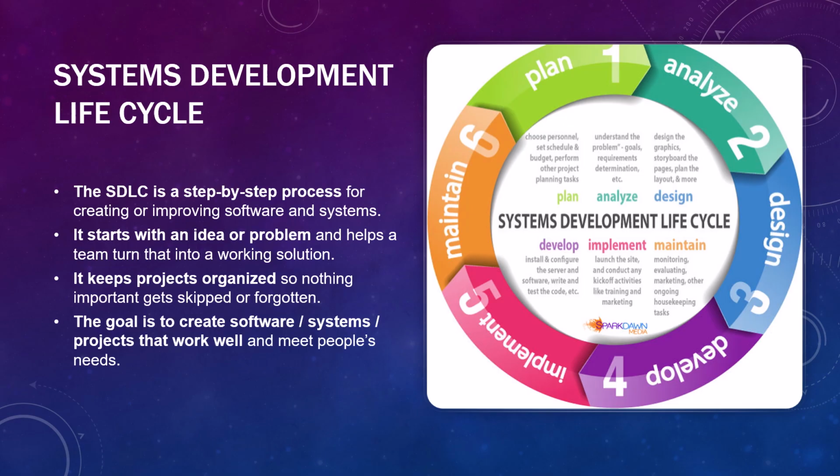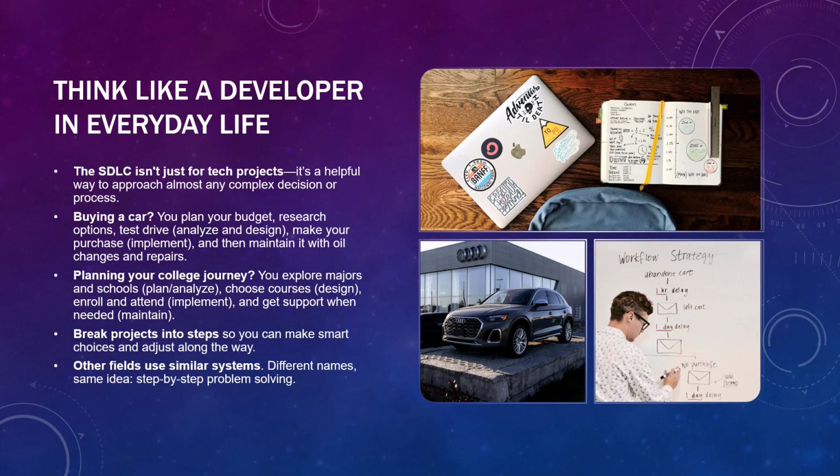So refer to this, add it to your notes, and make sure that you use it as we're continuing to move through the course. So, before we dive into the details of these, it's helpful to think about this systems development lifecycle as something that's not just for technological projects, but something that really you can use in other areas of life, and in fact have used in other areas of life. So, in a technology course, we're talking about how it can be used for websites and databases and things like that.